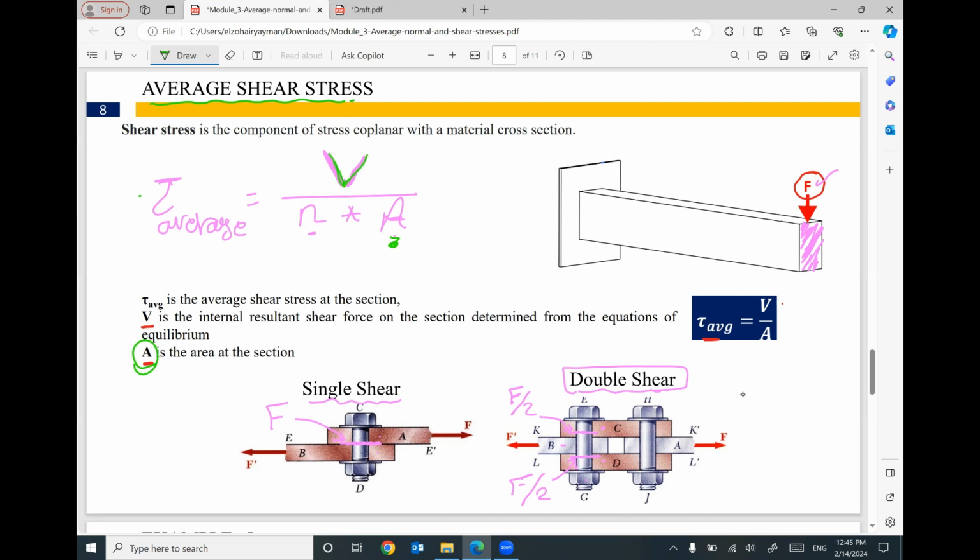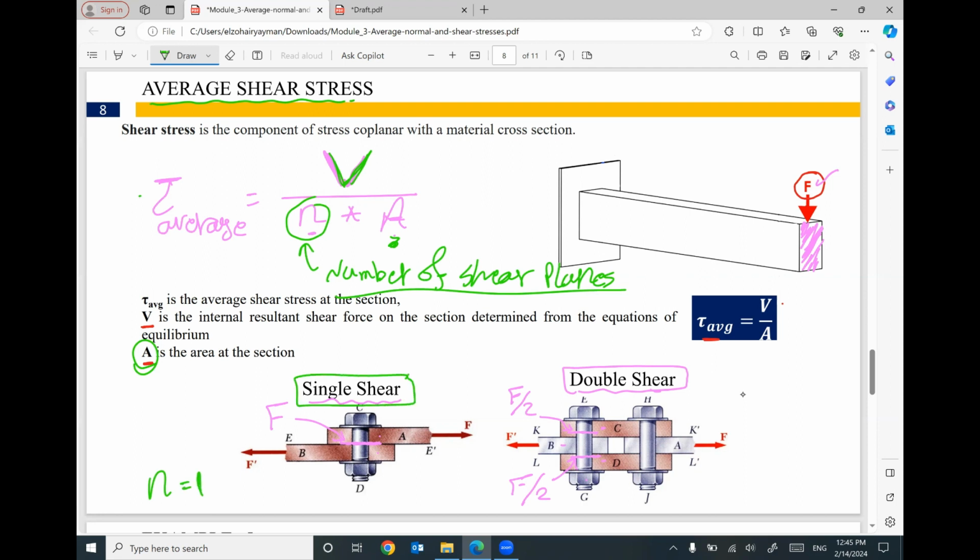V is the applied shear force. N is the number of shear planes. N equals 1 if we have single shear, N equals 2 if we have double shear. Sometimes we have triple shear. In this case, N equals 3.